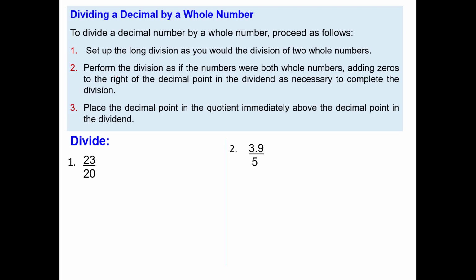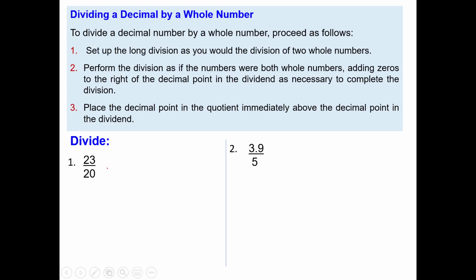Then we add zeros to the right of the decimal point in the dividend as necessary to complete the division. Then we place the decimal point in the quotient immediately above the decimal point in the dividend.